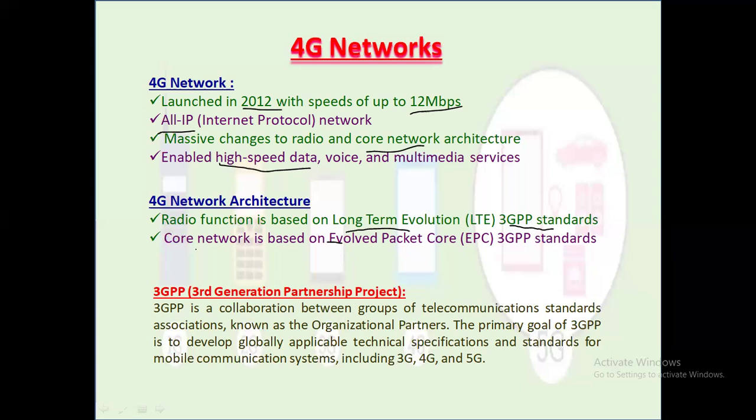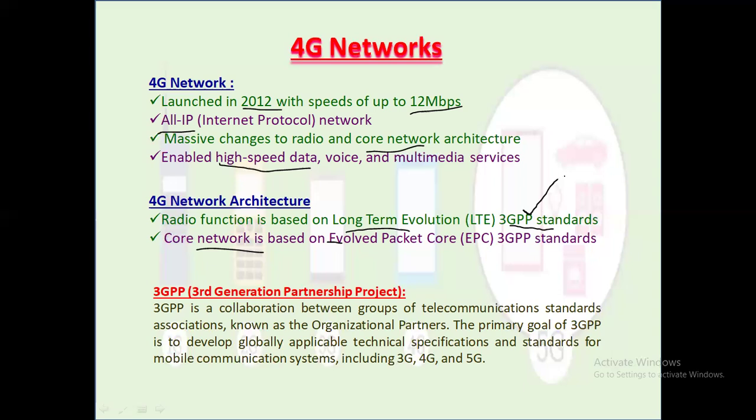Meanwhile, the core network relies on evolved packet core, EPC standards, also from 3GPP, to handle tasks such as authentication, mobility management, and bearer management, ensuring efficient and seamless data transfer. This harmonized architecture enables 4G network to deliver fast, reliable, and scalable mobile broadband services.